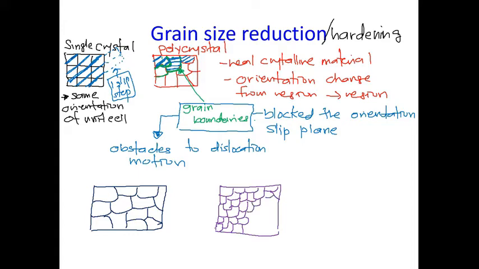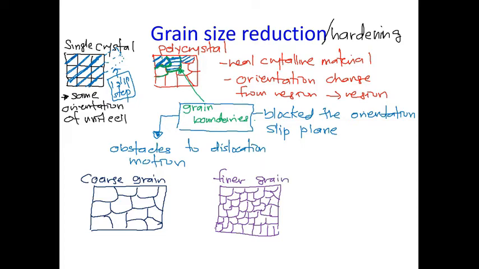So what's the difference between the first polycrystal and the second polycrystal? The first polycrystal, you can see a coarse grain, a bigger grain, while the second polycrystal has a finer grain or smaller grain.